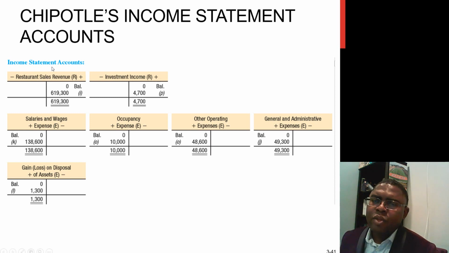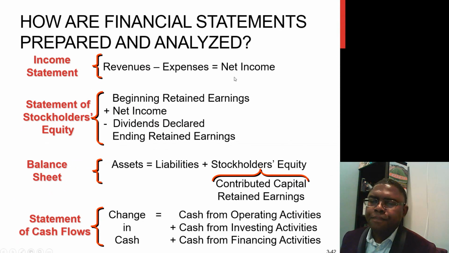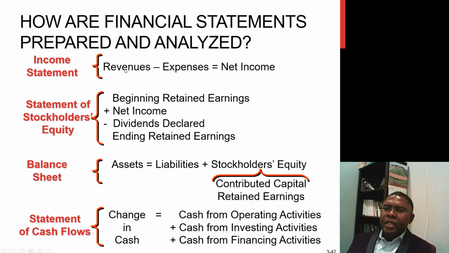Then we isolate accounts that need to go on the income statement, and we'll take these respective balances and the accounts to the income statement. So when we develop an income statement, what we need is simply revenue and expenses. So the whole idea is to take revenue minus expenses so that we end up with the net income.